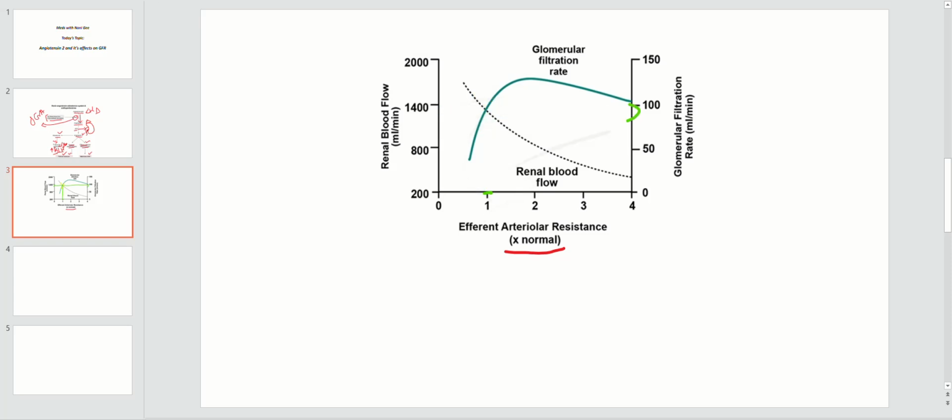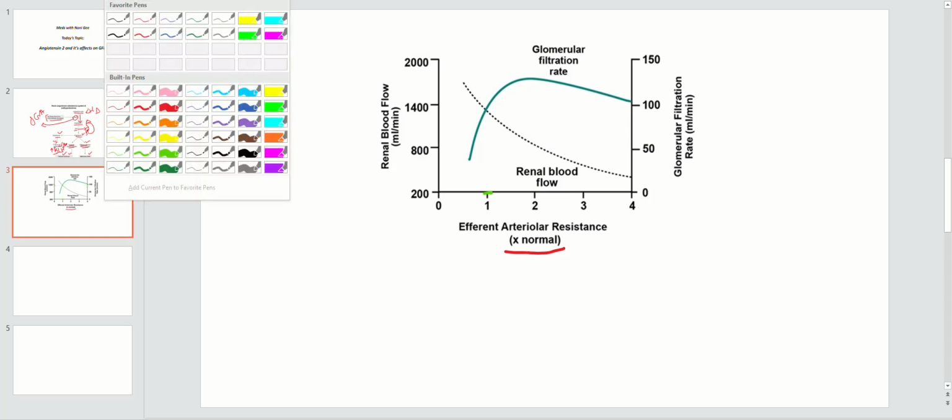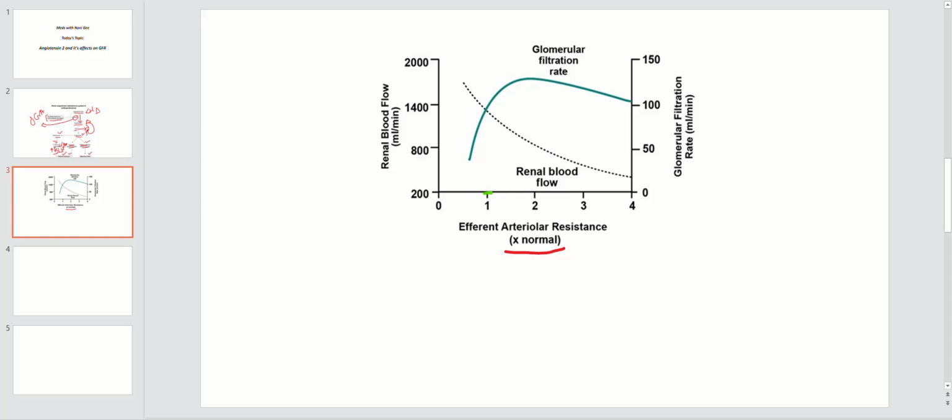Now change the efferent arteriolar resistance on the x-axis, and you will see how it affects the renal blood flow and the GFR. Let's say you are moving from 1 to 2. What would be the effect on the renal blood flow? You draw a line from 2 up and then point towards the left side y-axis.